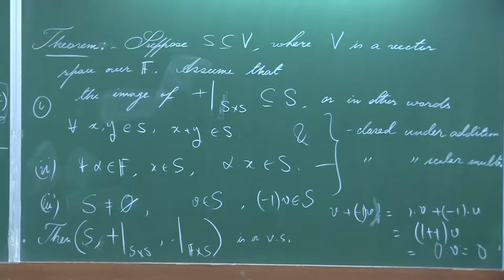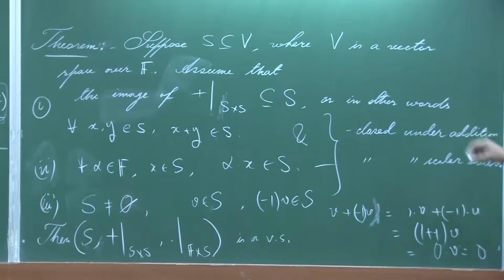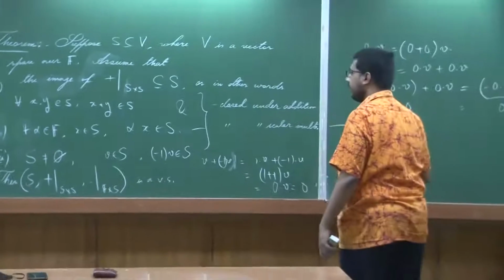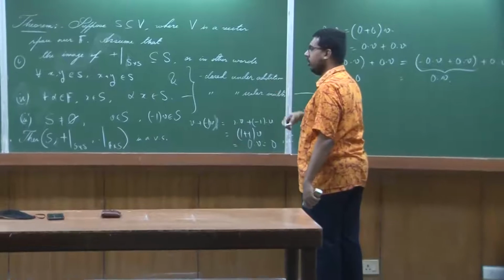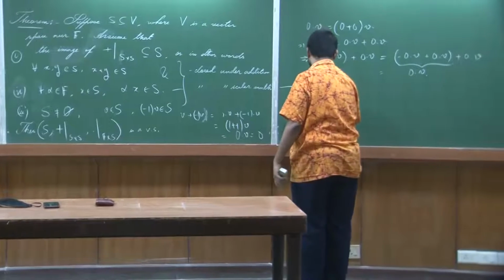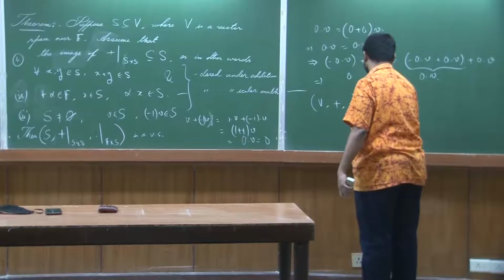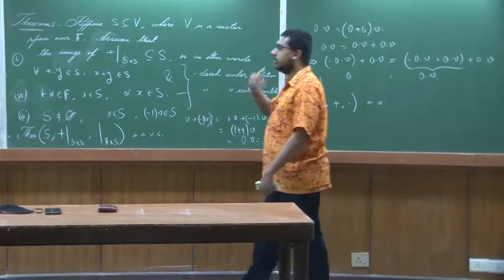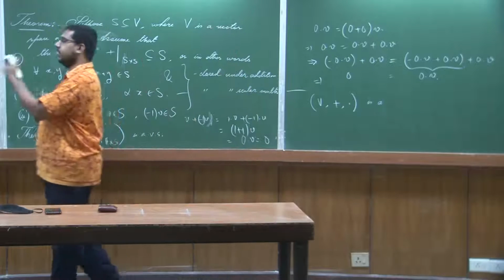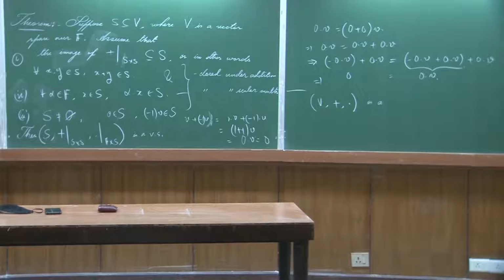I just want to tell you that V is a vector space with respect to plus and dot over F. We often denote this in different ways of saying the same thing, that V is a vector space over F with respect to the given addition and scalar multiplication.